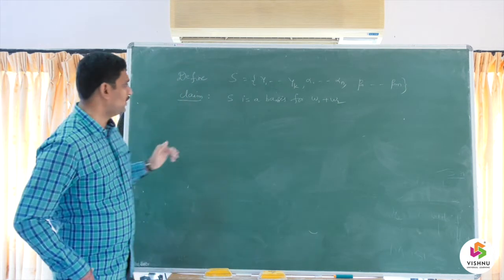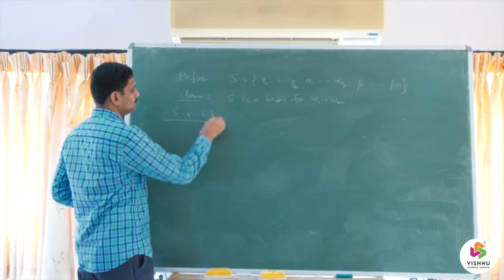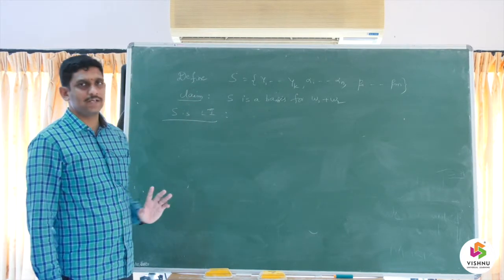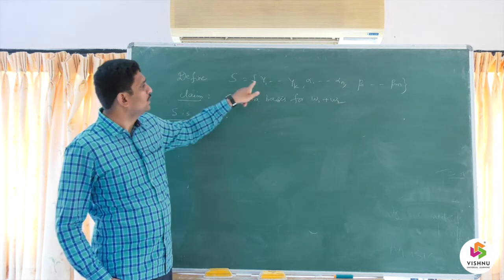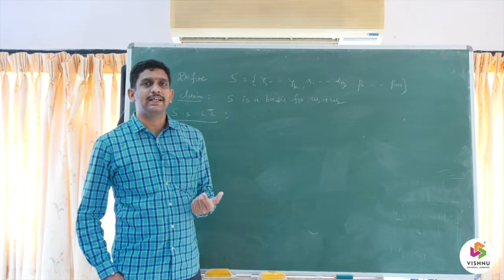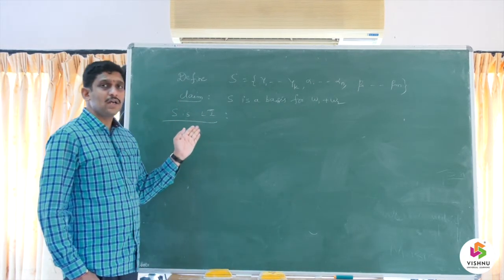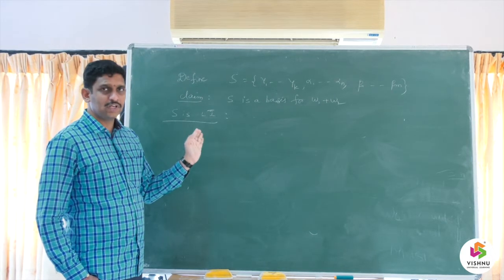Okay. So first I prove that S is linearly independent. So what is meant by linear independence? You will write a linear combination, you say that it is equal to 0, then I prove that all the scalars in that linear combination are 0, that I want to show.